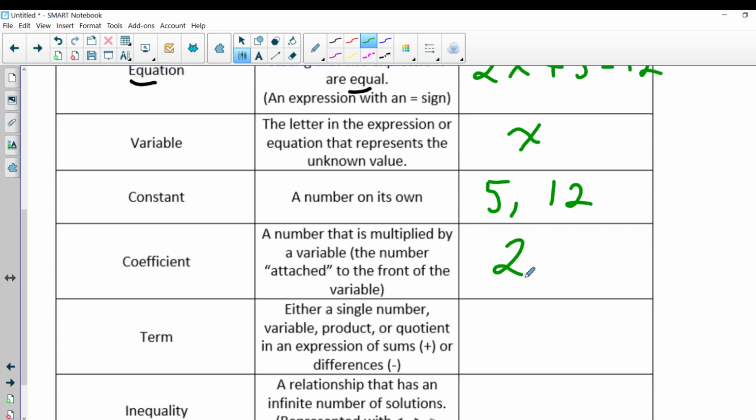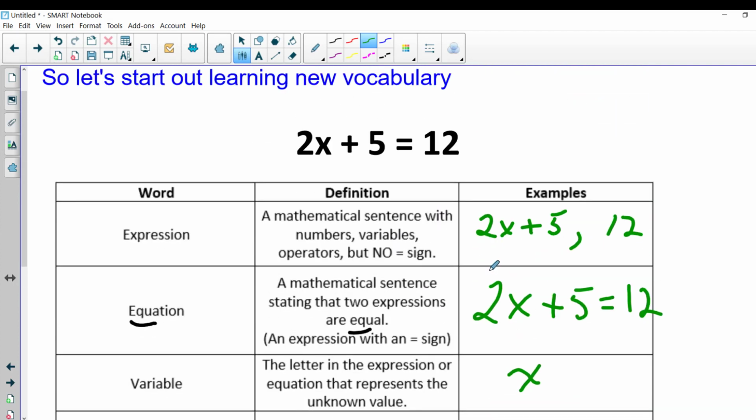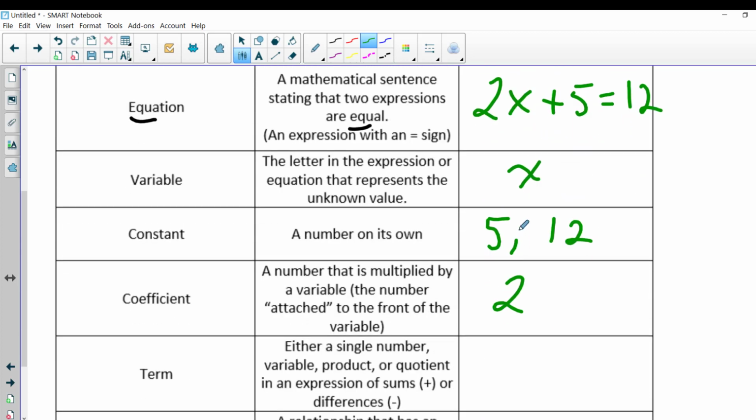Now, what does that 2x mean? Do you remember how I showed you the different ways to show multiplication other than our typical x? This is why we're getting away from x to mean multiplication, because now x is a variable. But do you remember the different ways? I'll put it down here. We could use the dot to mean multiplication, like 2 times x. Or we could use parentheses, 2 and then the parentheses and what we're multiplying by it.